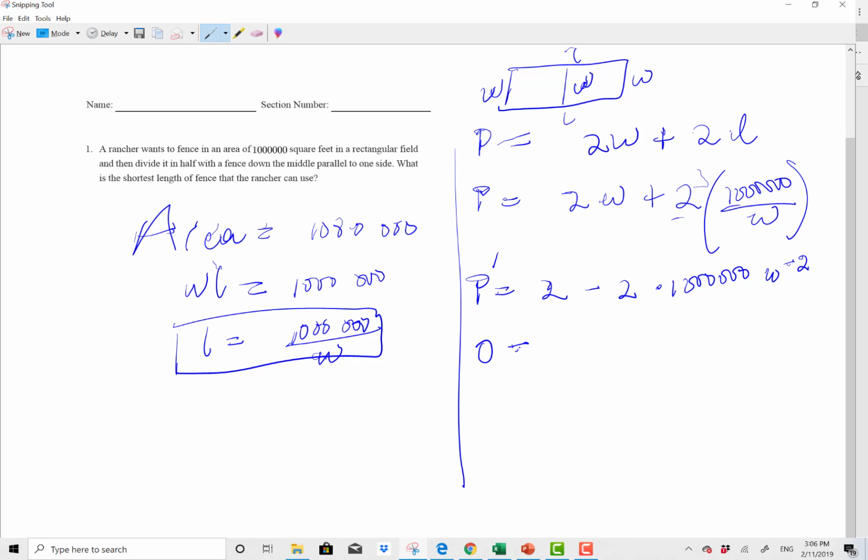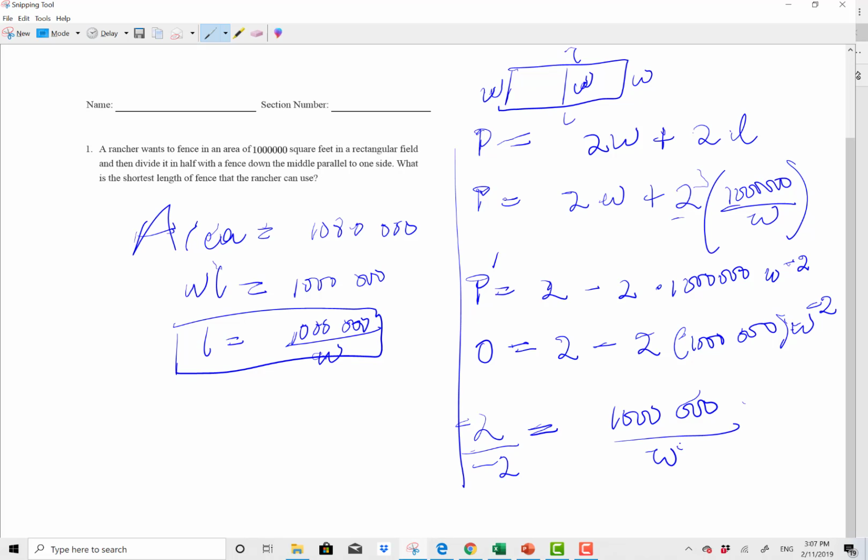So this is going to be 0 equal to 2 minus 2 times 1,000,000 times W to the -2. Now, if I solve, I'm going to get -2 divided by -2, which is equal to 1,000,000 divided by W squared.